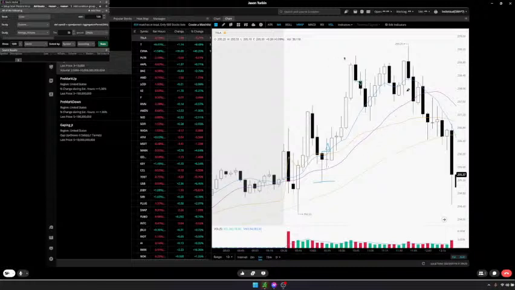Shorting. Stop right here. First 5-minute new high. Stop out underneath this red. This is messed up. I know. They really like to do that.